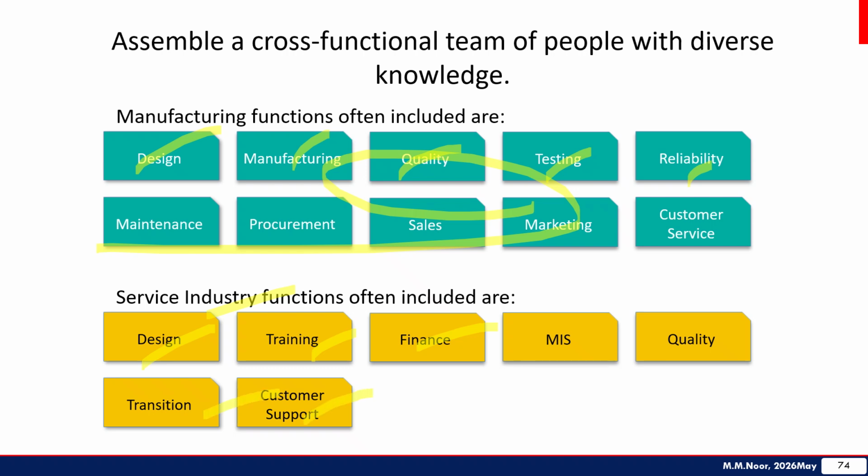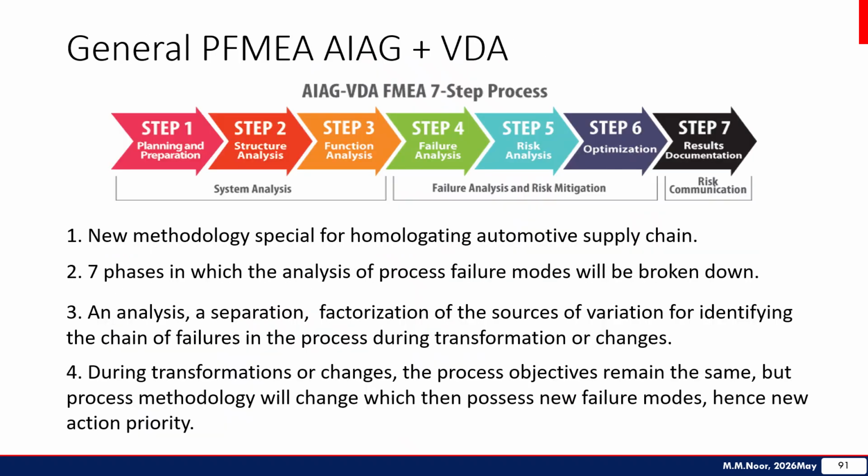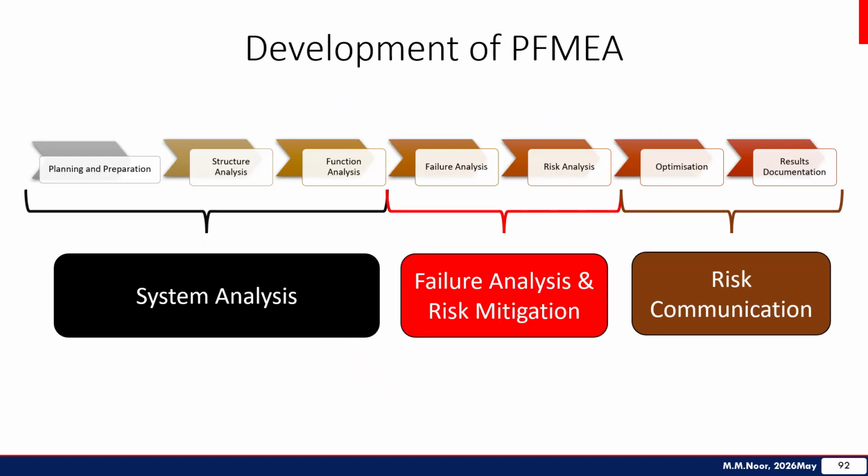This is an example of an included cross-functional team. Then some other examples, from the IG and PDA, put it as 7 steps. In these 7 steps we put system analysis, failure risk, and also risk communication.